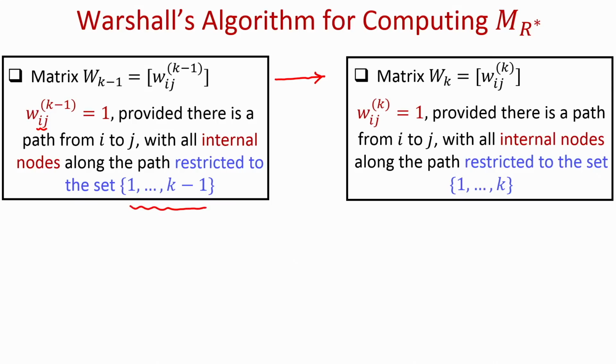And assuming I have already computed matrix W of k minus 1, my goal is how to find out the matrix Wk, where I am allowing you to include node number k as well as a possible intermediate node.